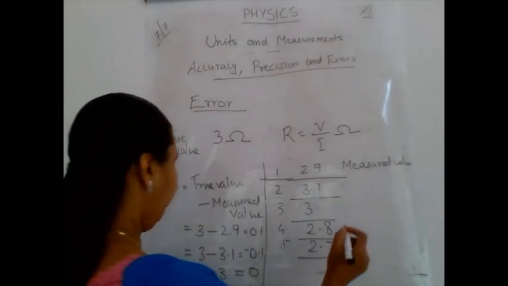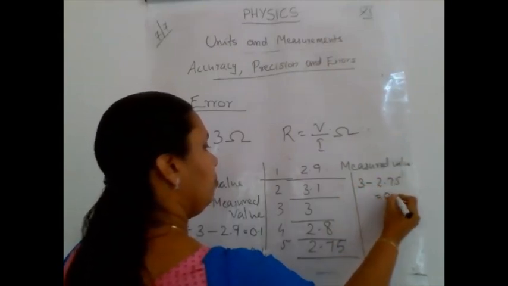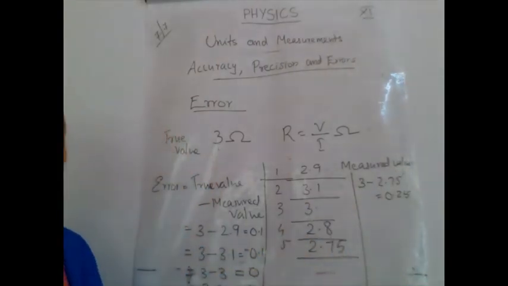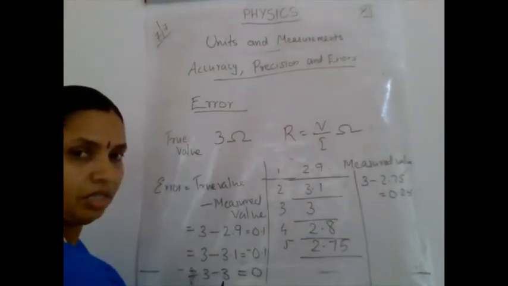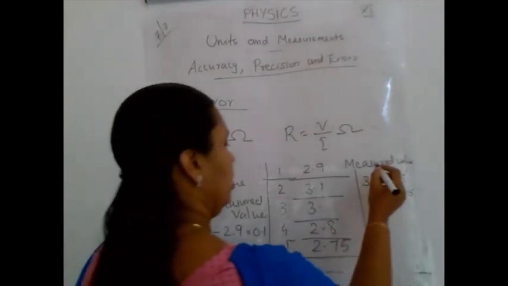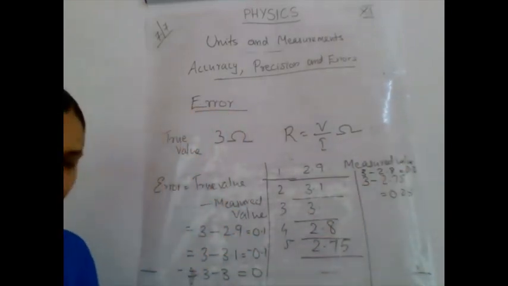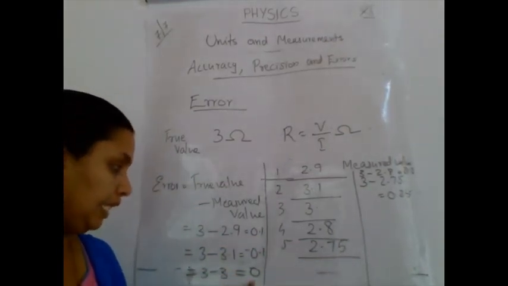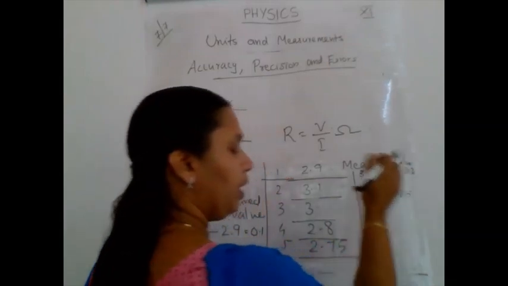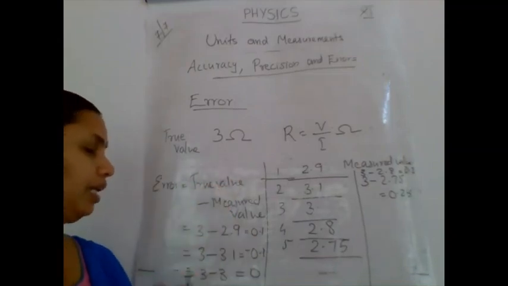And the fifth case, 3 minus 2.75, it is 0.25. So in each measurement, there is error. Here 0.1, here minus 0.1, 0, 0.2, 0.25. Okay. So that is the difference between the true value and the measured value.